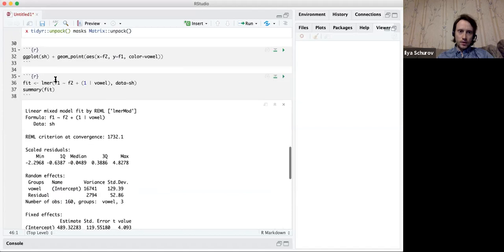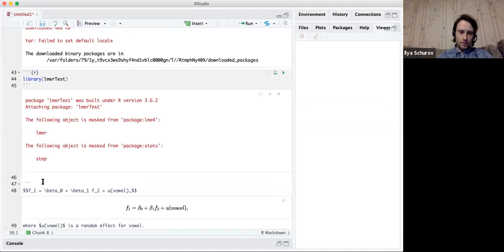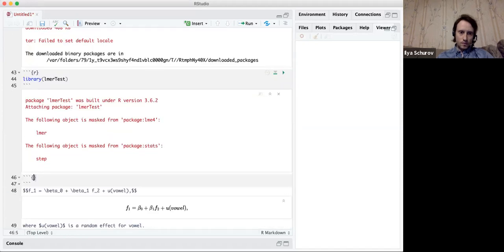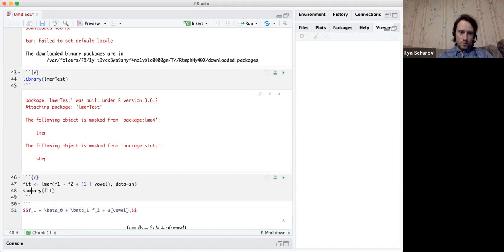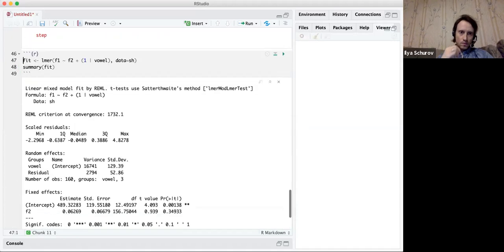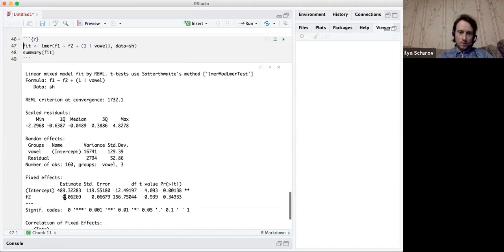Then we can rerun the same thing. Yeah, and now we see that this F2 is not significant in our new settings.